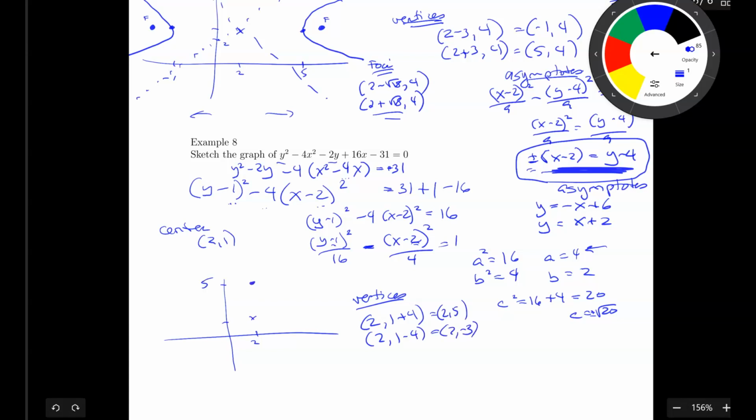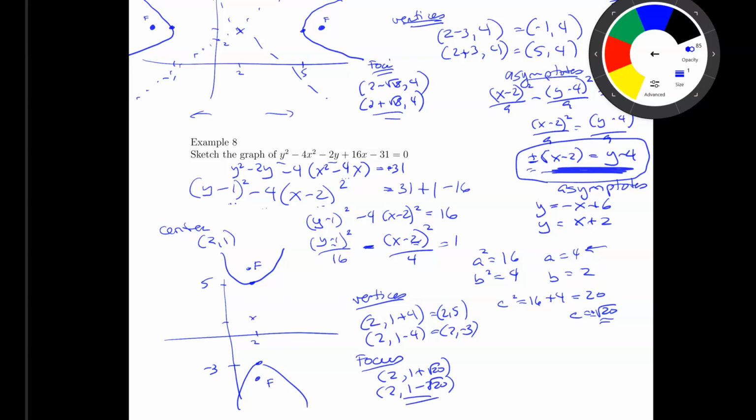So here would be my vertex here, and -3 down here. Okay, and then I need to go find the foci. So that's going to be adding and subtracting the root 20 to the y value. So it's going to be 2, 1 plus root 20, and 2, 1 minus root 20. And these are fine answers right there. Just leave it as this and leave it as this right there.